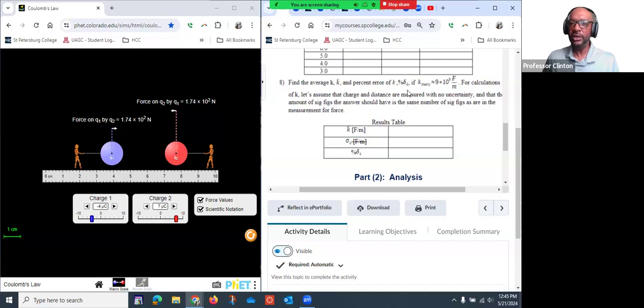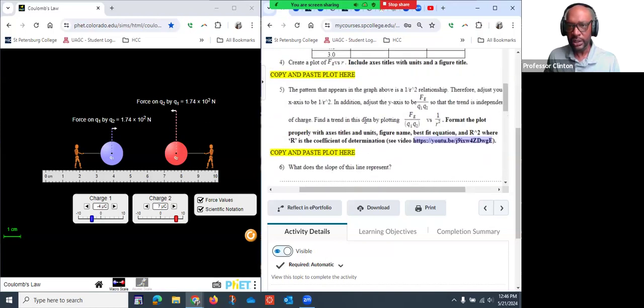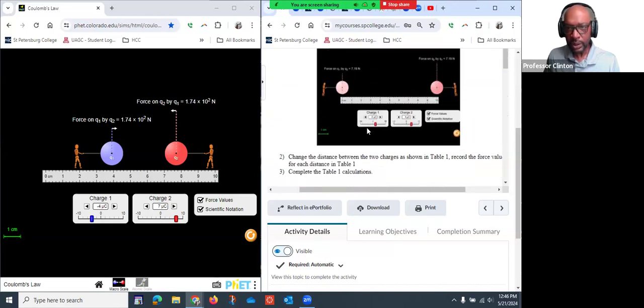And basically the numeric value, which comes from the slope of the graph that you get, should be pretty close in line with what you know in theory K to be. And K is measured in, and there's a little typo here, K should be measured, and I gave it up here.